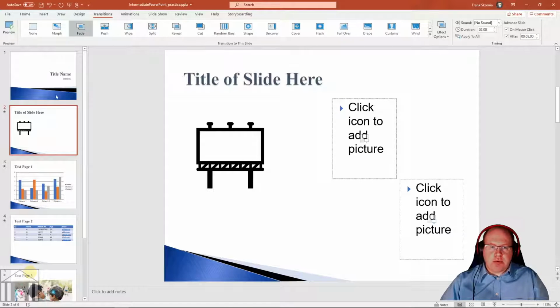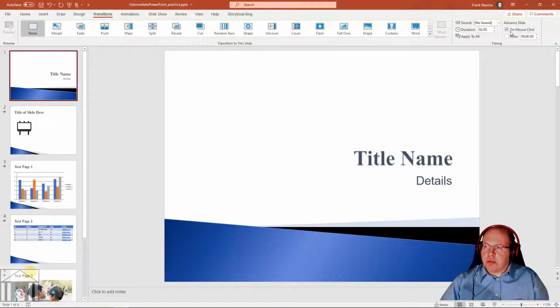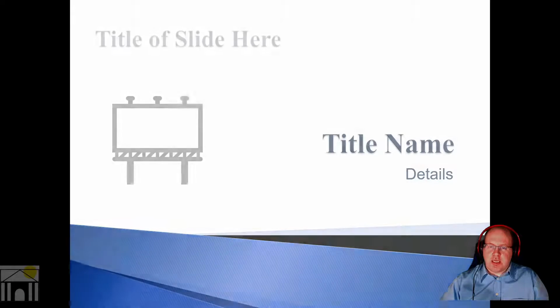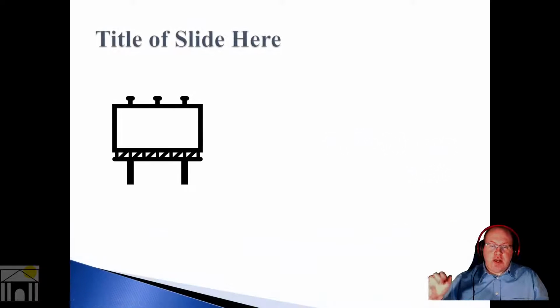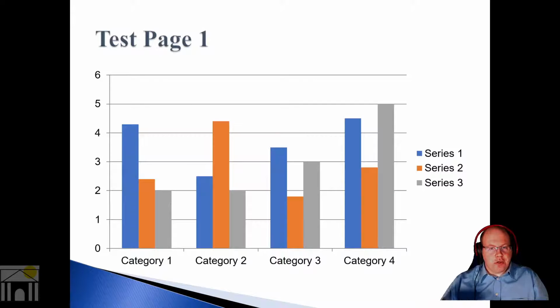What I'm going to do now is go to the next slide. And so we have our transition there. Now I'm going to sit there and wait. After 5 seconds, it should go to the next slide. It wasn't me clicking the button or triggering the transition. It did it automatically.